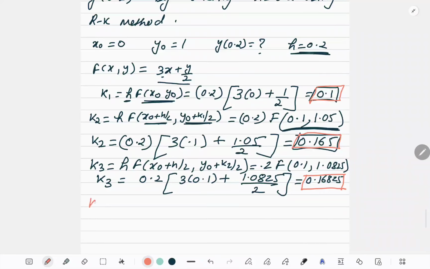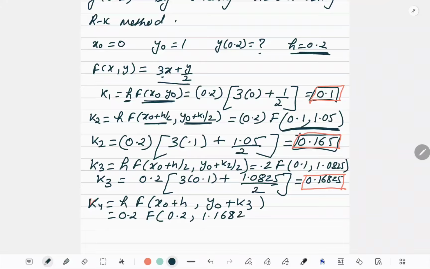Now all of you calculate the value of K4. K4 is what? h f of x0 plus h comma y0 plus k3. So 0.2 f of x0 plus h is 0.2 comma y0 plus k3 is 1.16825, right?